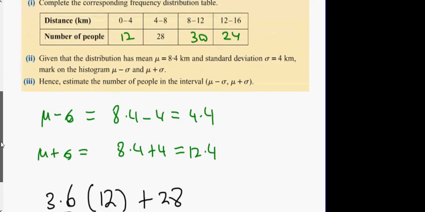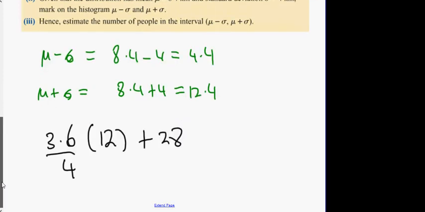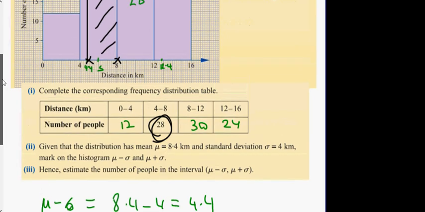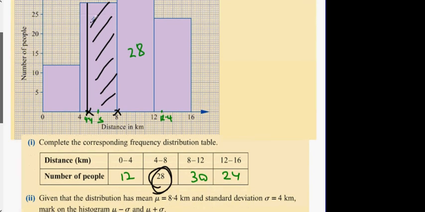Sorry, 28. That one there, yeah? Yeah, but if you're saying 12. Sorry, it's 28. Just give me a sec. It's basically 90% of the 28 people. And the middle one is... Oh, sorry, neither one of them are full, are they?